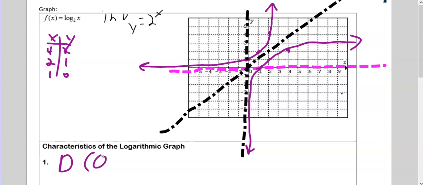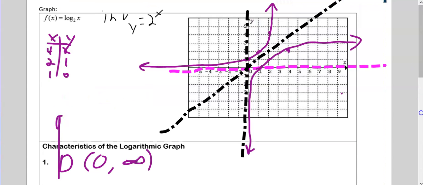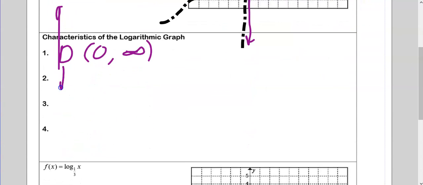It hits the force field at 0. How far right does it go? Infinity. The range, okay? Now, instead of 0 to infinity, it's going to go forever down and forever up.